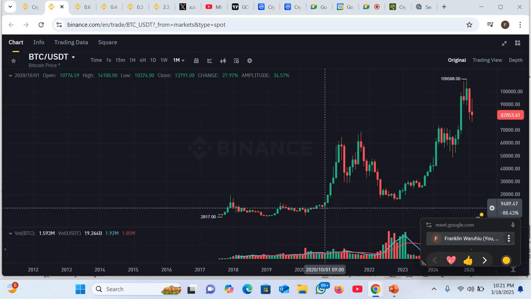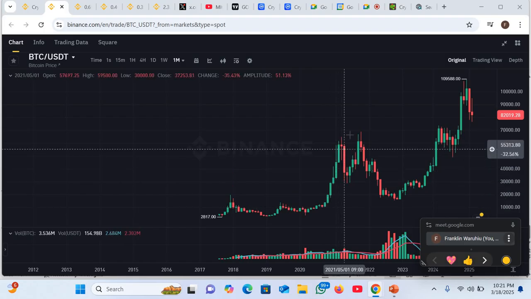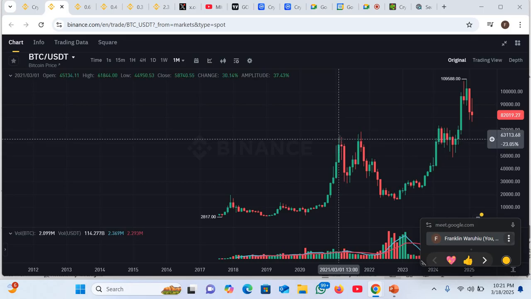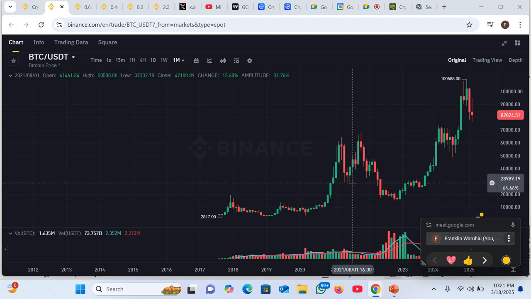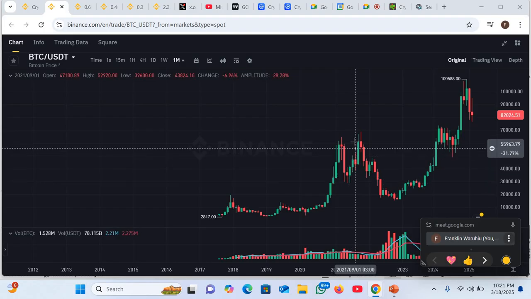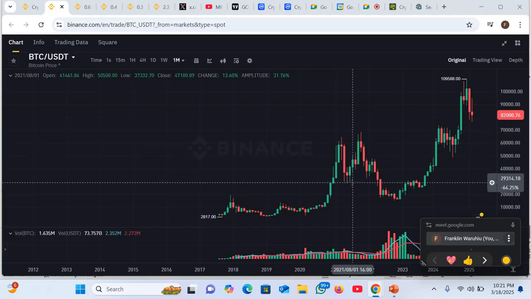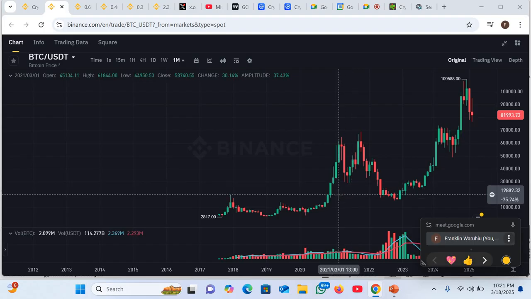And then in 2021, after Bitcoin dumped to around 9,000, Bitcoin pumped all the way to 63,000, and then it dumped again to around 28,000. So you can imagine price moving from a high of 64,000 and then moving to 29,000. That is a drop of more than 50%, right?